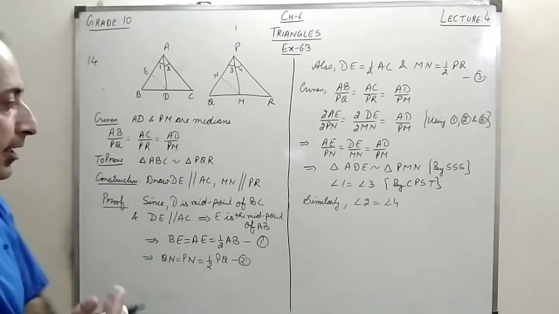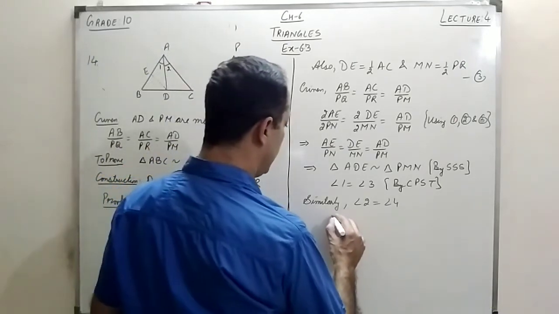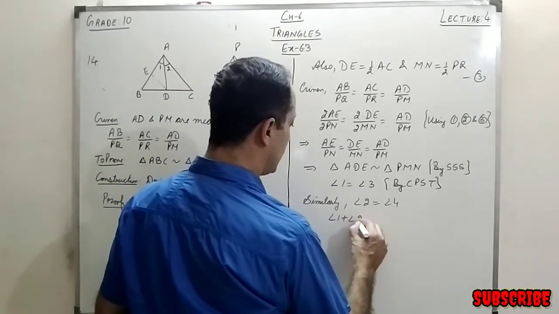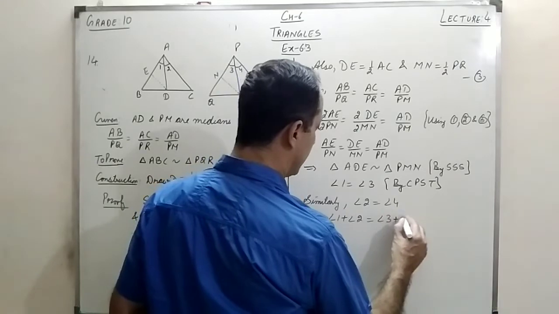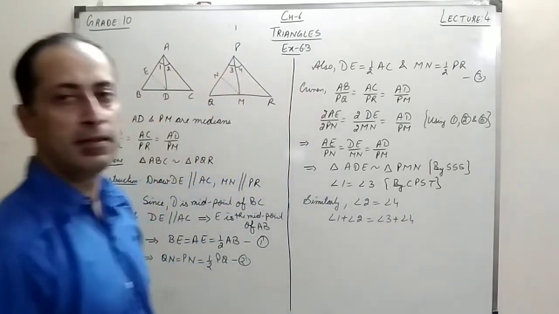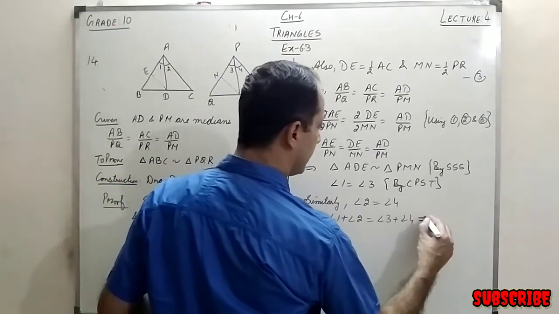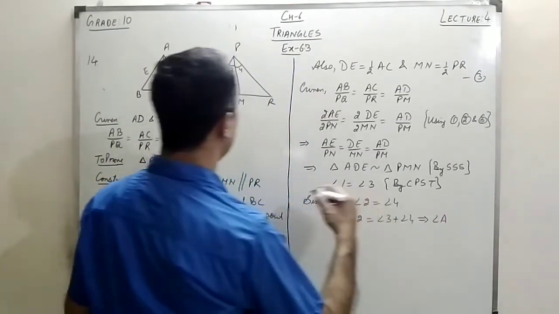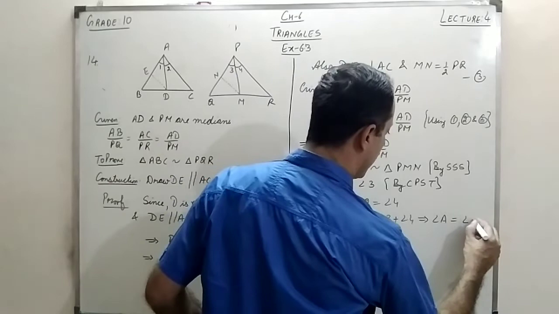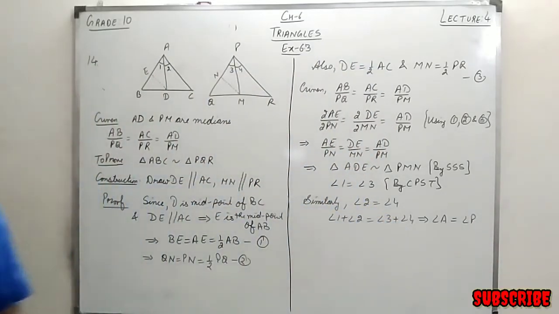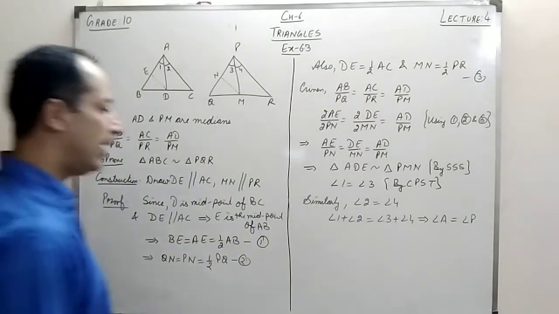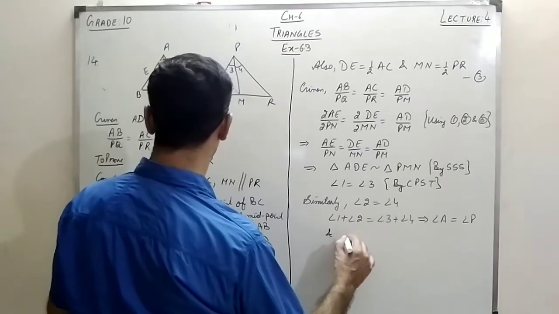Now if I add these two, alright, angle 1 plus angle 2 is equal to angle 3 plus angle 4. So what is angle 1 plus 2? This is angle A. And what is 3 plus 4? This is angle P.